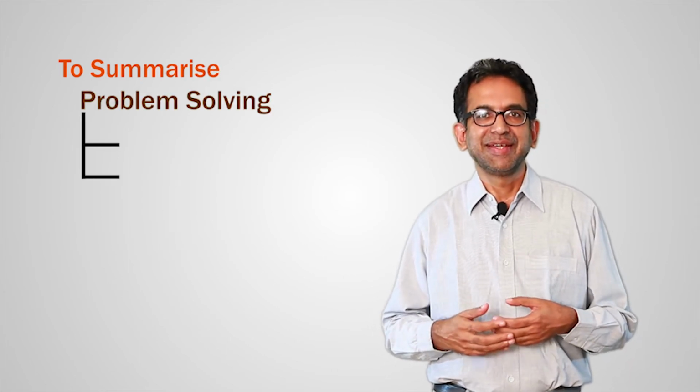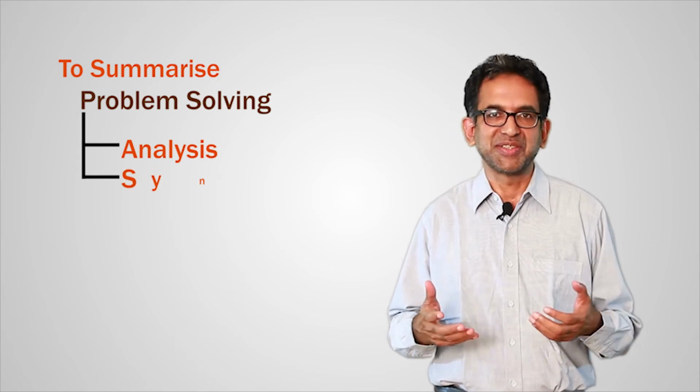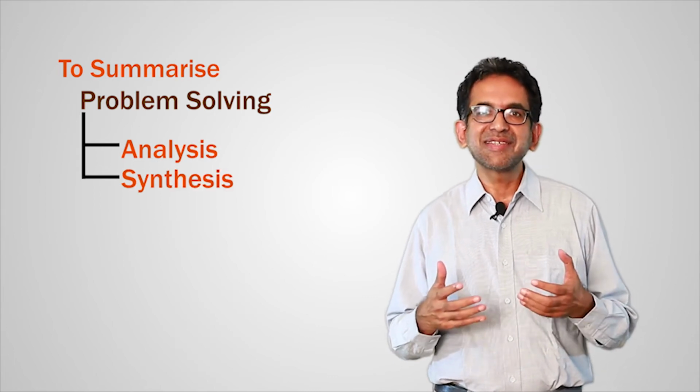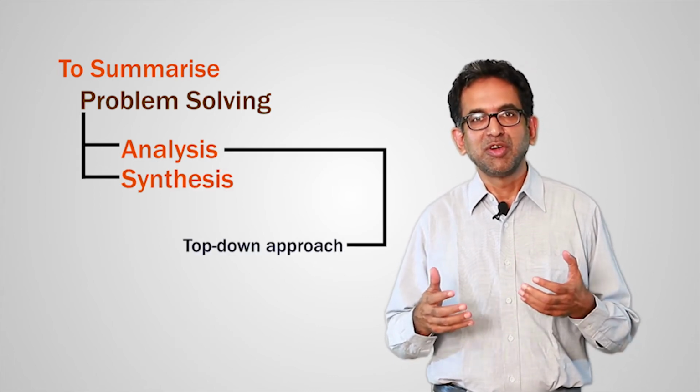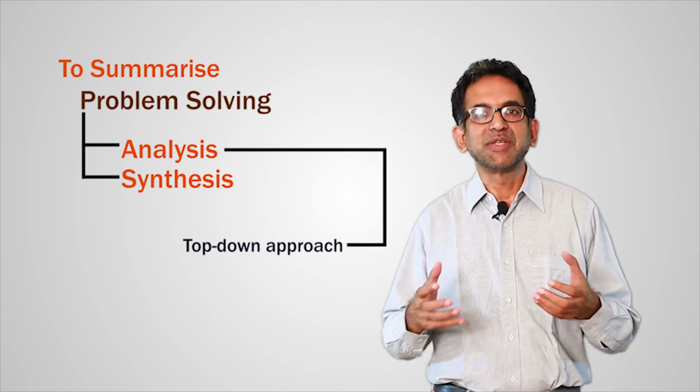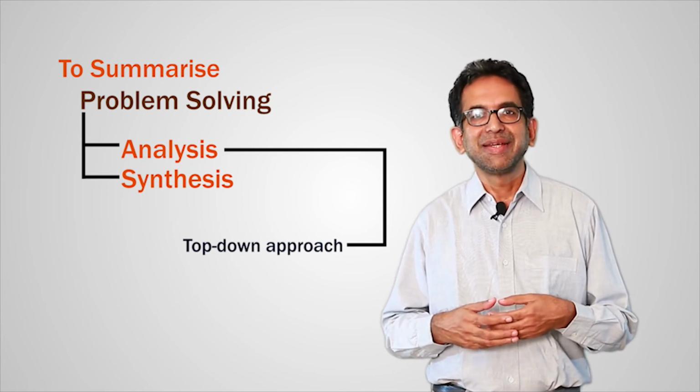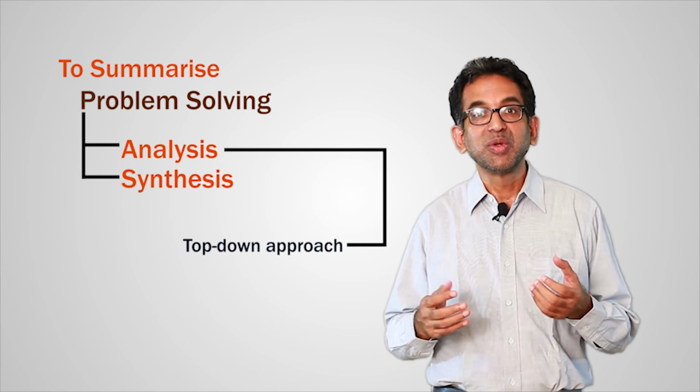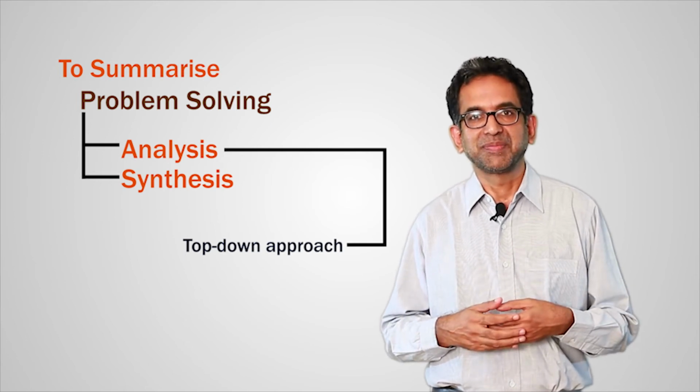To summarize, there are broadly two approaches to problem solving: analysis and synthesis. Analysis is a top-down approach of breaking things down into its component parts, necessary to know the what of things.